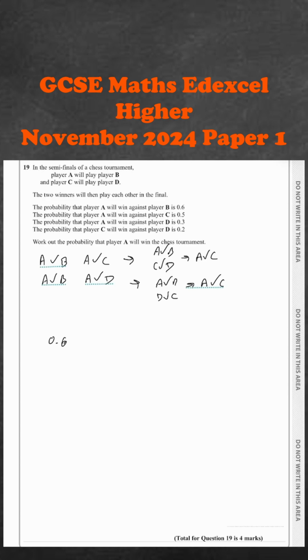We're going to need C beats D, which is going to be 0.2. Then we're also going to need to times that by A beats C, which is 0.5.